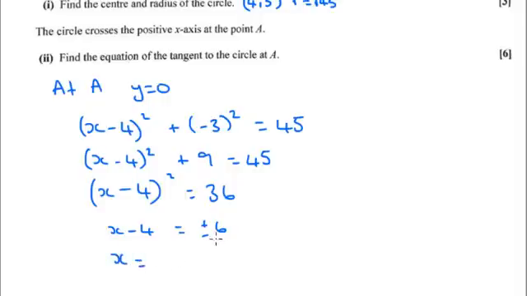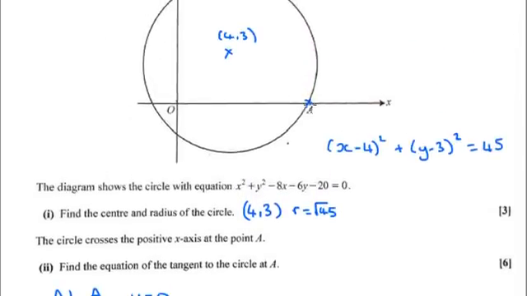So if we add on 4, −6 plus 4 is −2, or 10. So because we're looking for A to be positive, this must be 10. It also tells us that this point here is −2, but we don't really need to know that.